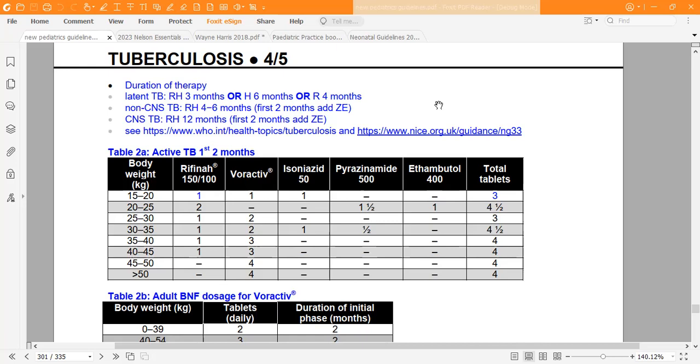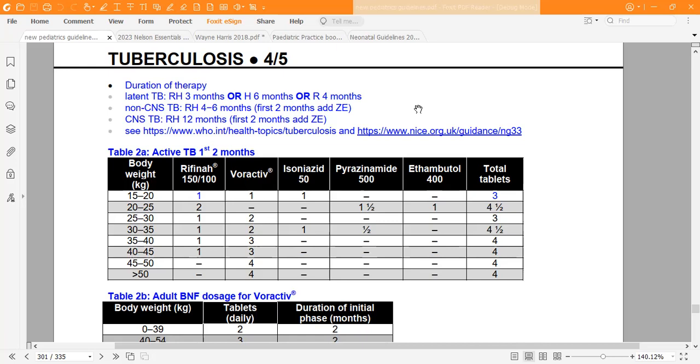First 2 months, he will add pyrazinamide and ethambutol. And up here, there's a link to have a look at the NICE guideline website. We will have a look at this later, just to save our time.